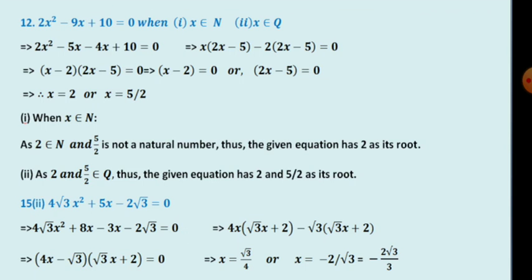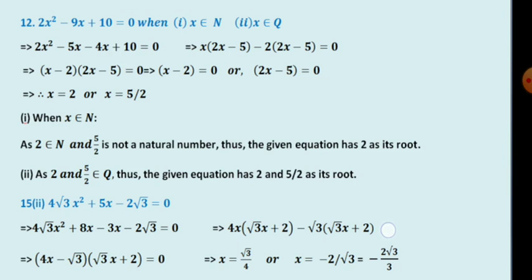Pairing the first two terms, that is 4 root 3 x squared plus 8x, we can take 4x common. So taking 4x common, what is left? In the bracket, we'll write root 3x plus 2. Again, from the third and the fourth term, we can take minus root 3 common.